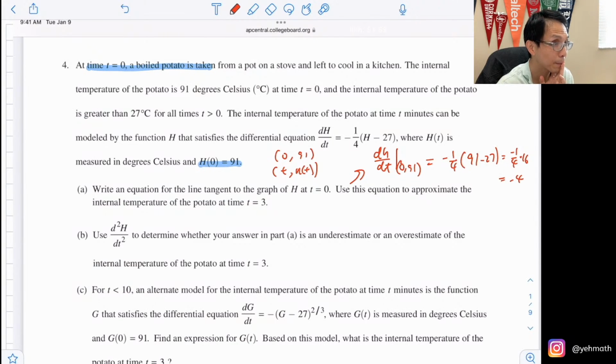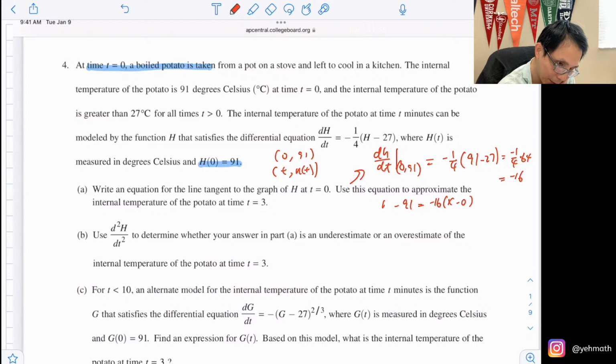So it'll be y minus 91 equals m times x minus 0, where m is equal to negative 16. So y is h of t, right?